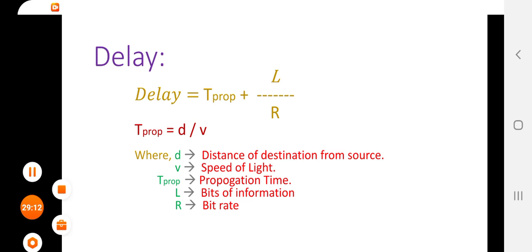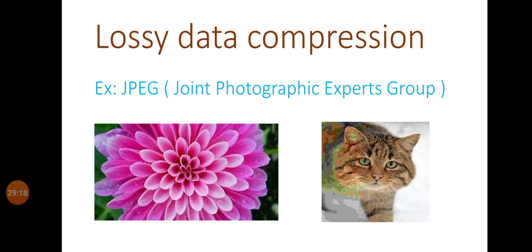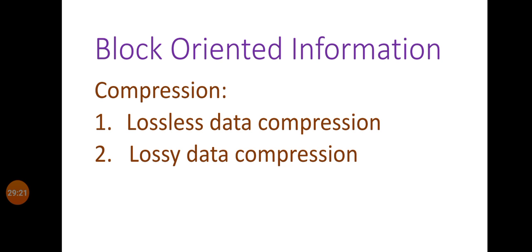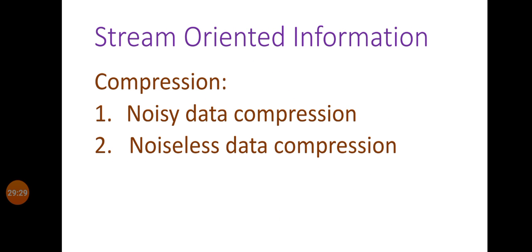Now let us move to next concept, that is stream oriented information. In block oriented information, the compression methods used are lossless data compression and lossy data compression. Like that, for stream oriented information, the compression methods used are noisy data compression and noiseless data compression. Noisy data compression means when any video or audio is compressed, some unwanted noise is added because of compressing.